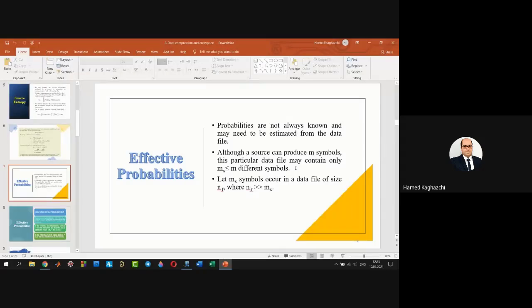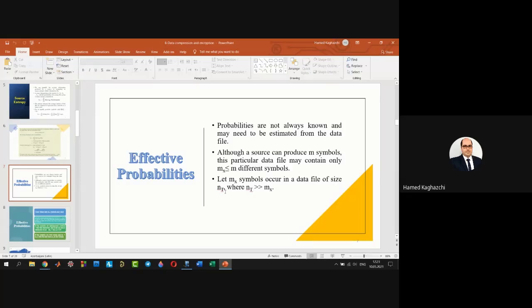But sometimes we don't have any information about the probability of symbols. So we need to estimate it from the data file. Now, suppose that we have a data file with size of nt.